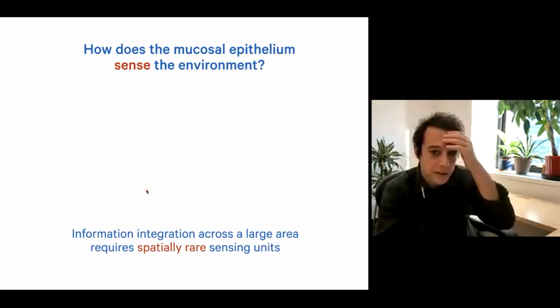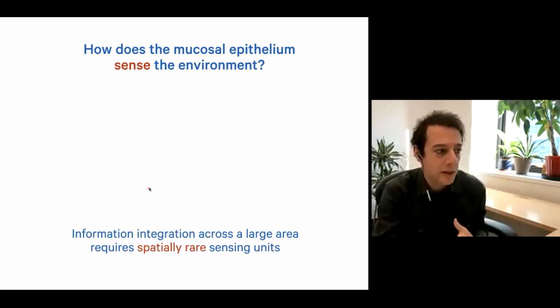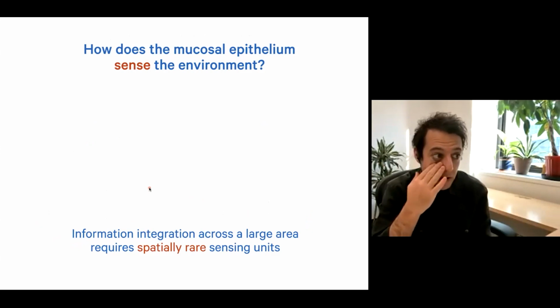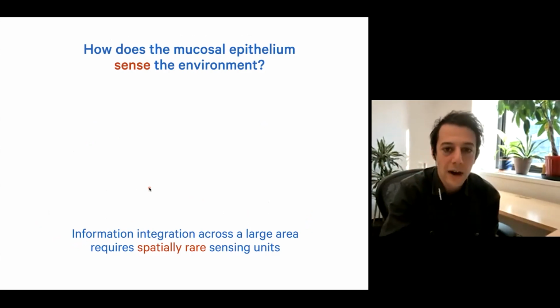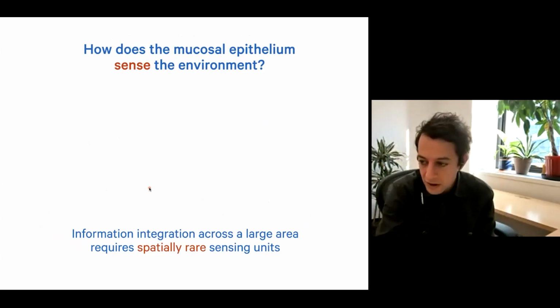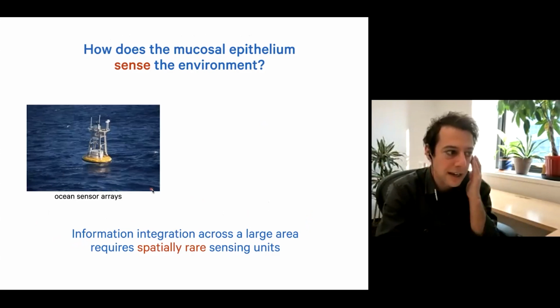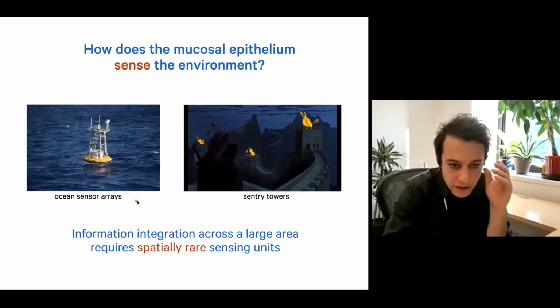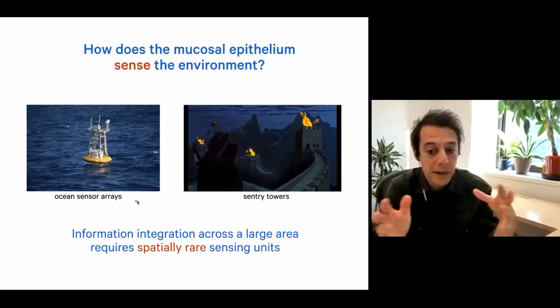So if you're in mucosal tissue, you really need to work out what's going on in the outside world. And so I like to think about this as a sort of information maximization problem. And so how does this tissue maximize the information that it can learn about from the outside world? And so I think a sort of natural approach is to deploy sensory units in a manner which is spatially rare.